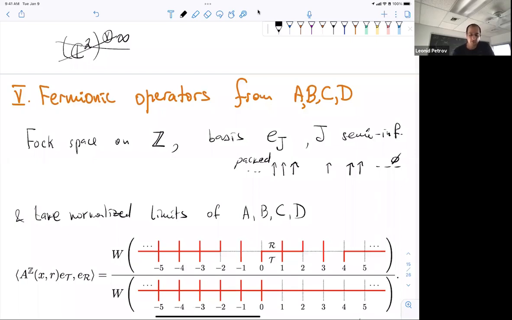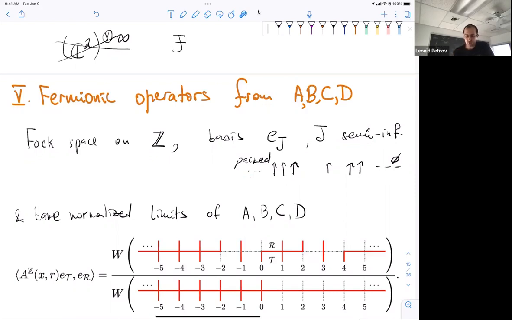Fock space is a span of E_J, where J is a semi-infinite subset of Z. So I take only those arrow configurations which are densely packed to the left and empty to the right.